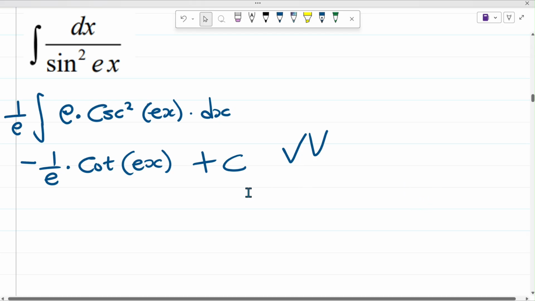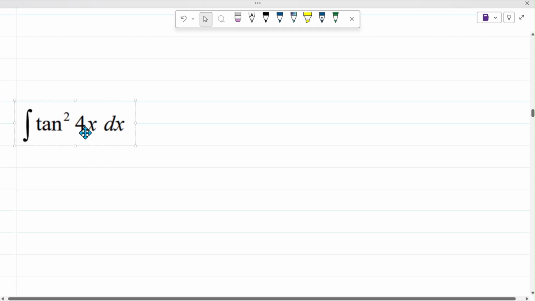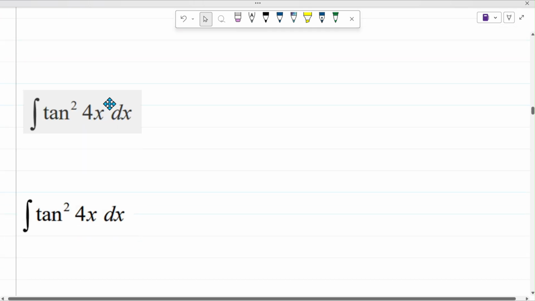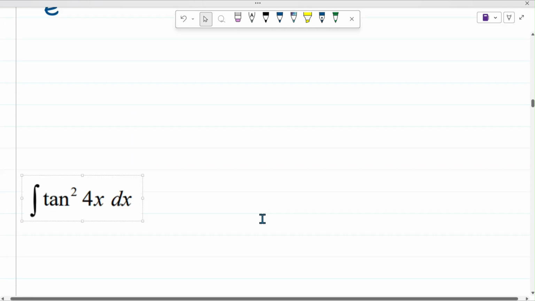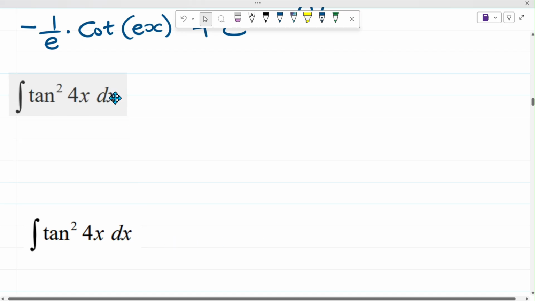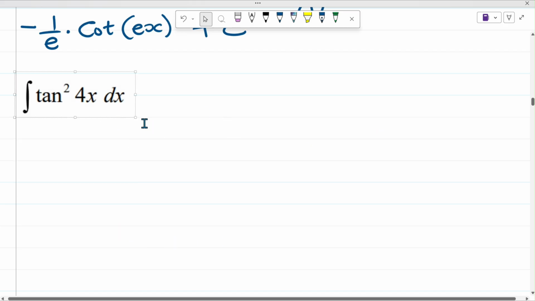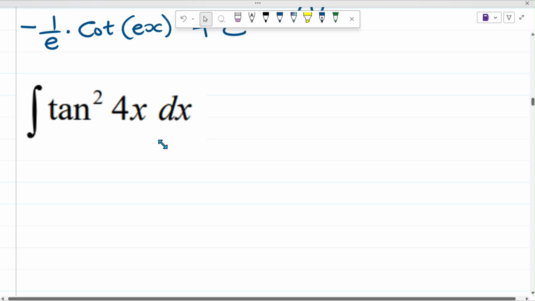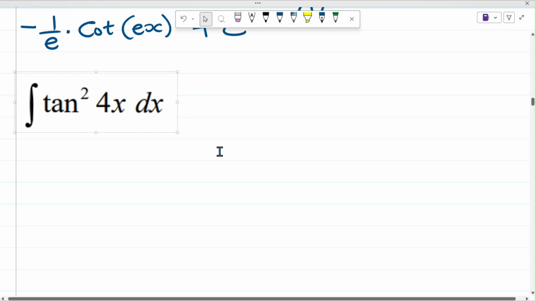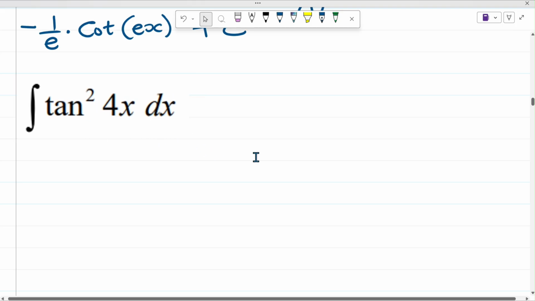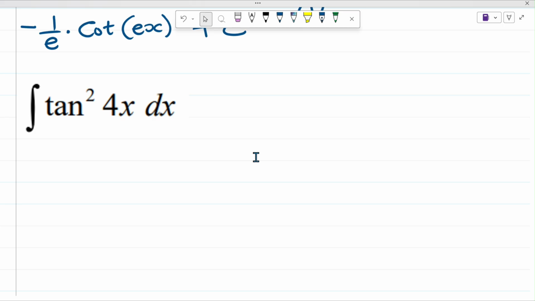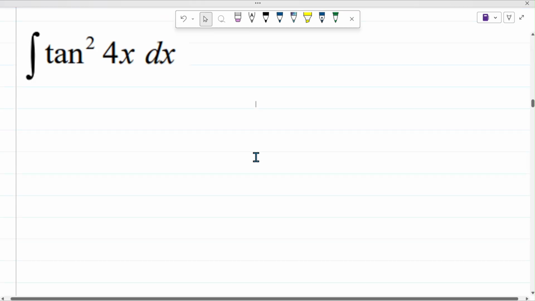So let's continue then. Let's quickly see if we can solve something else. Now we've got tan squared. All right, so now we've got the integral of tan squared of 4x dx.